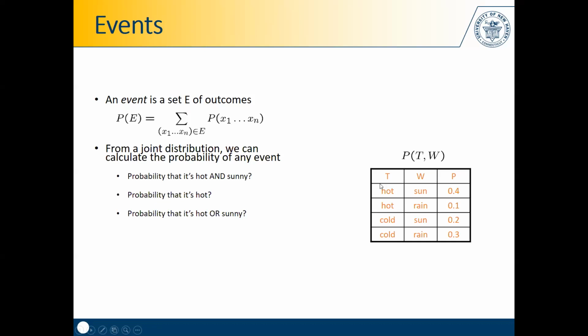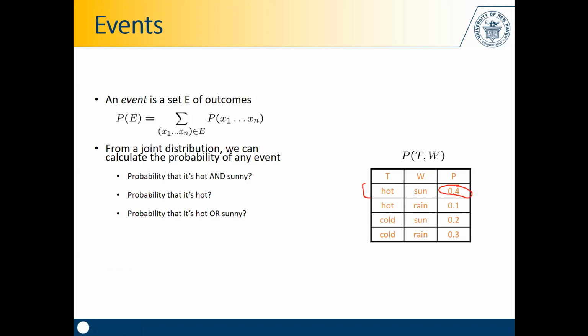So what's the probability of the event that it is hot and sunny? Well, we just look it up in the joint probability distribution table. The probability of temperature being hot and weather being sunny is given to us as 0.4.